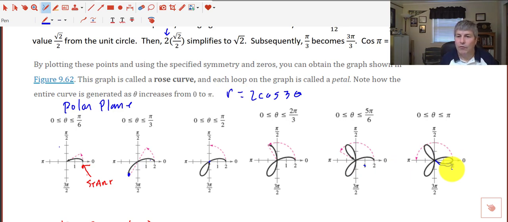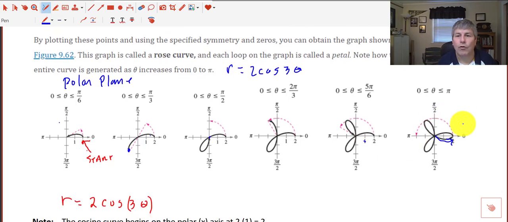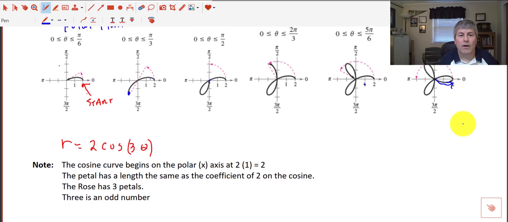So by plotting all those points and moving through theta between 0 and pi, we end up with a rose curve with 3 petals. Some things to note: the curve begins on the polar x-axis at 2 times 1 equals 2, because the cosine of 0 is 1 and we're multiplying by 2.